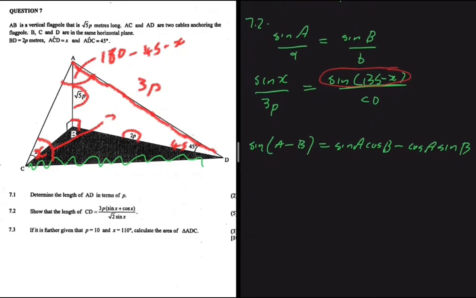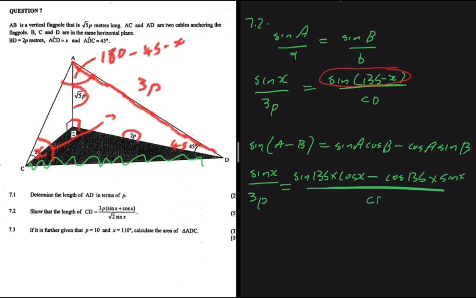Because we cannot determine that because we don't know what x is. So we're gonna have sine of x divided by 3p being equals to sine of 135 multiplied by cos of x minus cos of 135 multiplied by sine of x, and then everything divided by CD, right? So we have CD here.